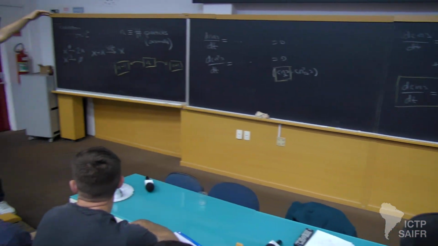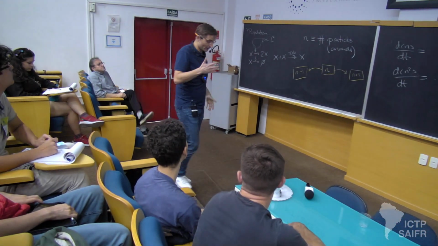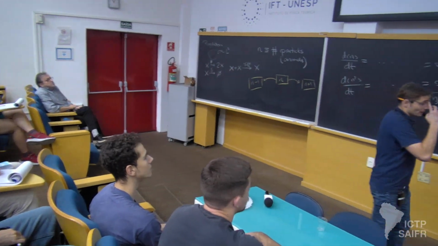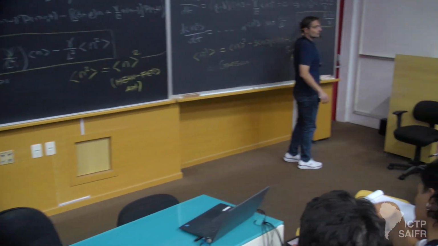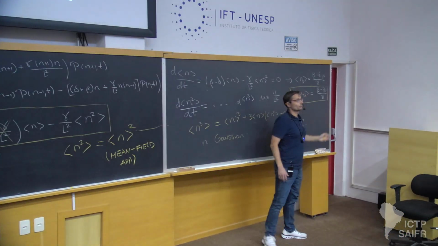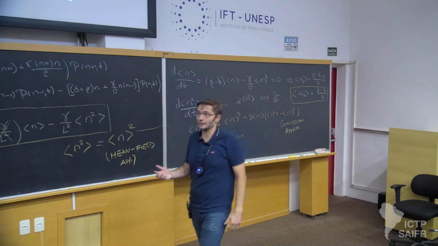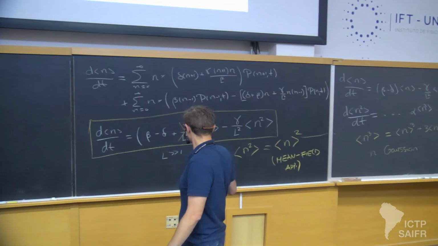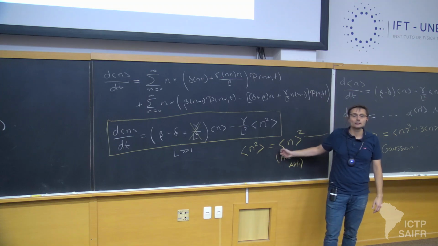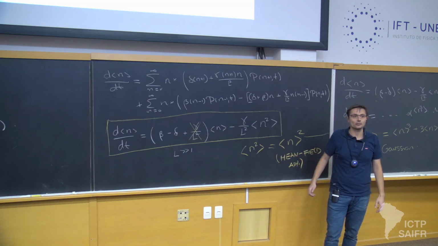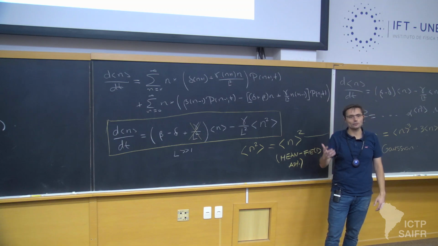And this is very important, because if you start learning about this topic more and more, in many cases they will give you this solution as granted, and that solution is only valid when the system is so large that fluctuations are small and you can neglect them.